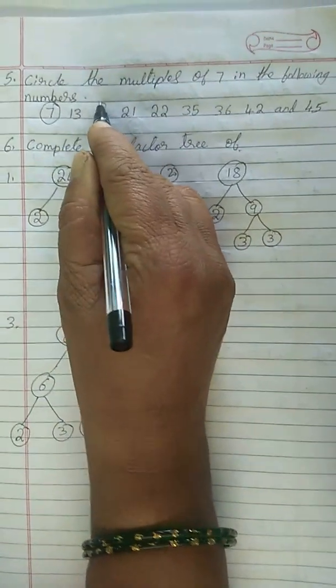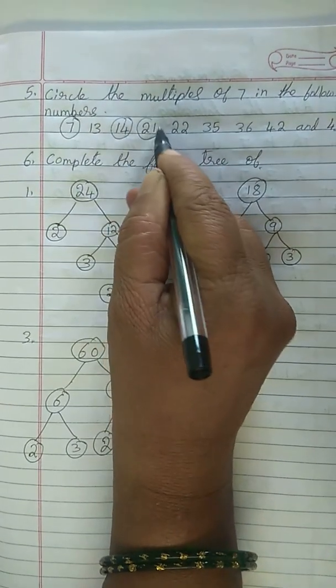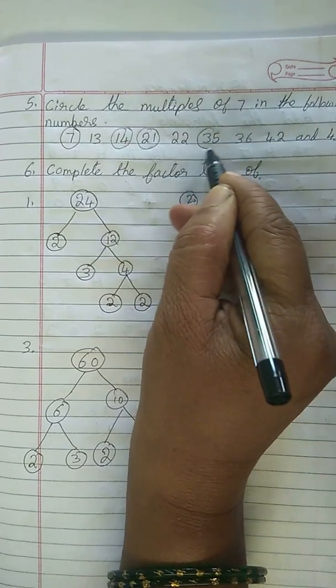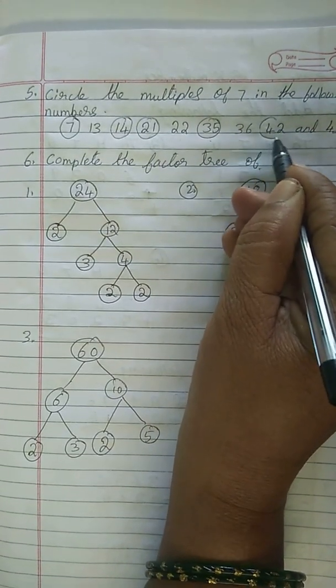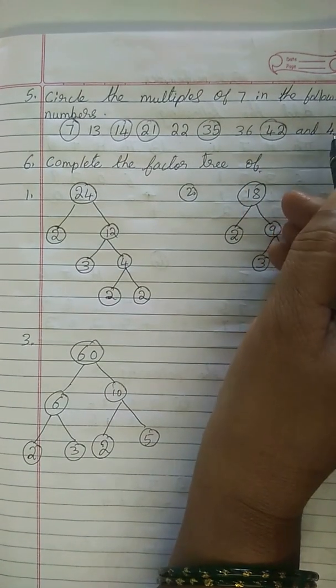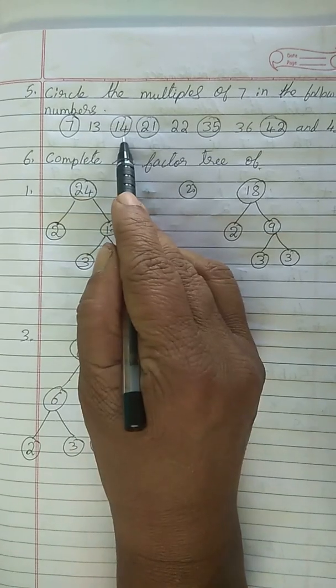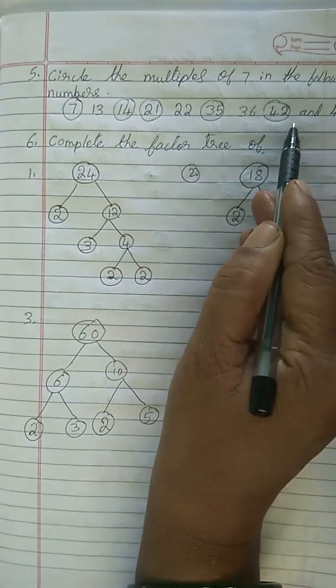Here 14 is there, circle. 7 twos are 14, 7 threes are 21, 7 fours are 28, 7 fives are 35, 7 sixes are 42, 7 sevens are 49, but here 49 is not given. So circle the multiples of 7: 7, 14, 21, 35, and 42.